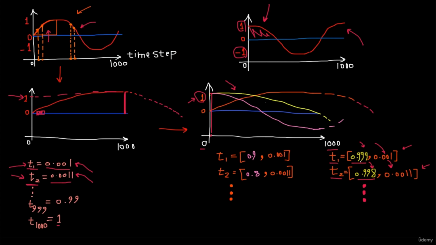Because the difference between these two things that we added here is very small. So now what we will do is increase the frequency of this yellow curve. Actually, this yellow curve is just a cosine wave, but with very low frequency.